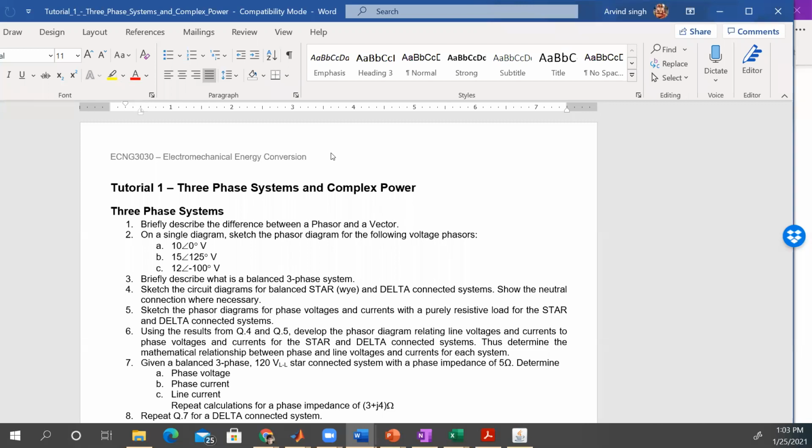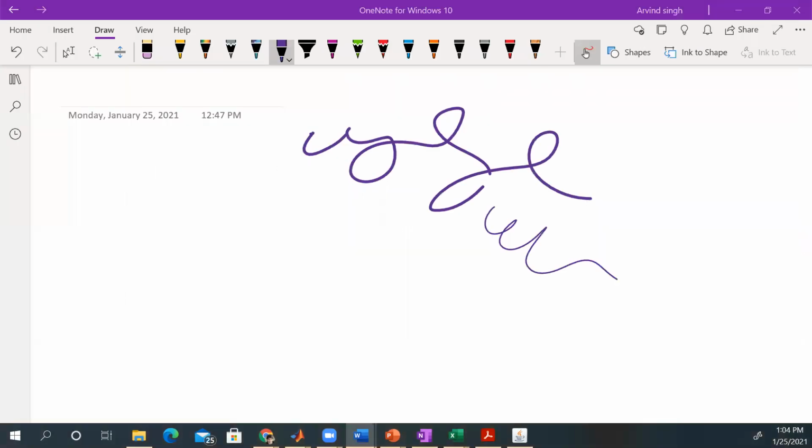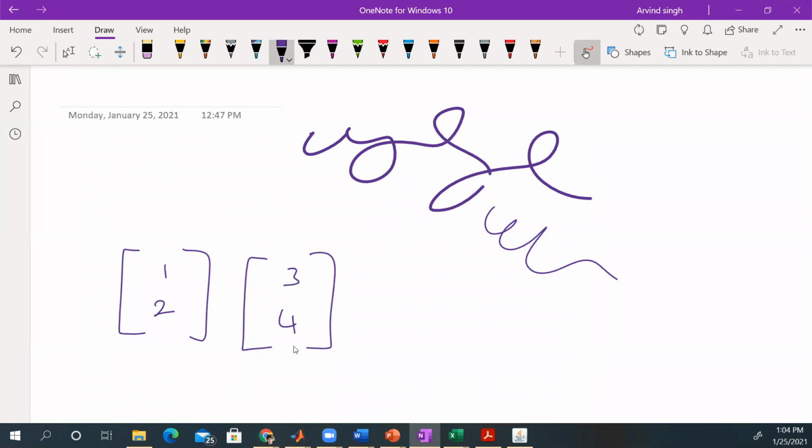So phasors add end to end, just like vectors. The difference is in multiplication. If you have two vectors, 1, 2, and 3, 4, how do you multiply them? You can't just multiply them just like that.